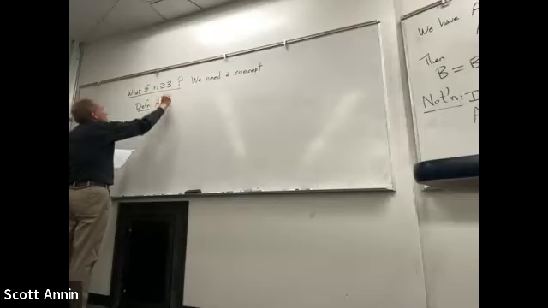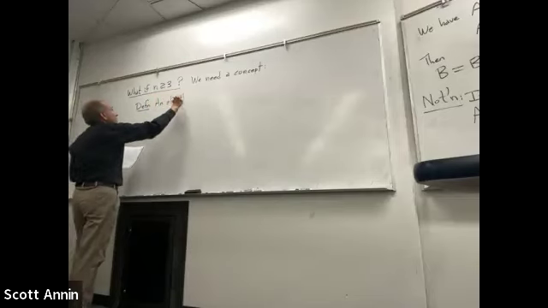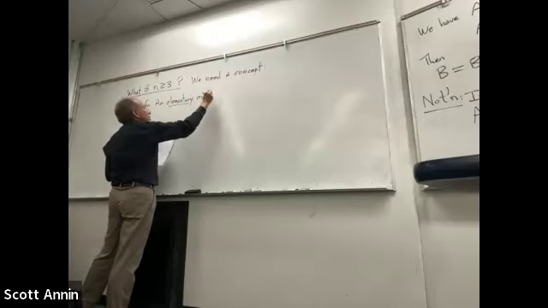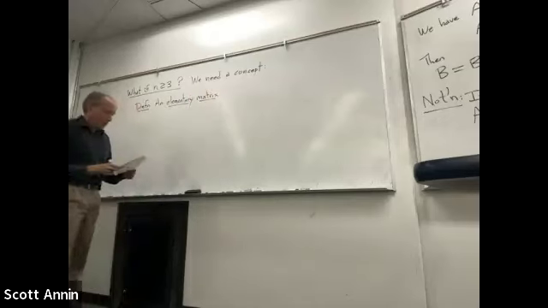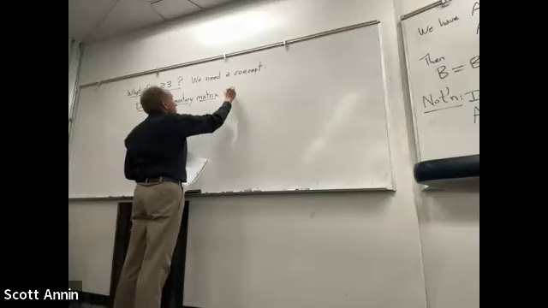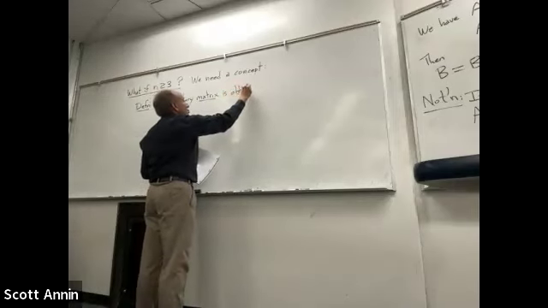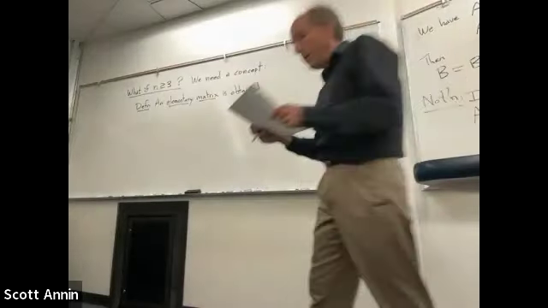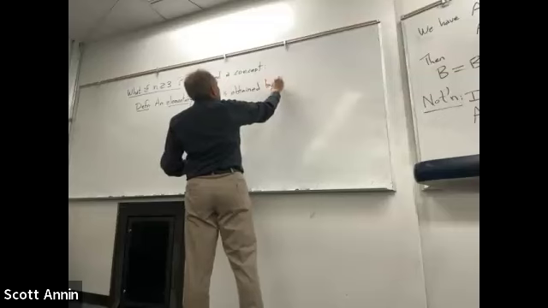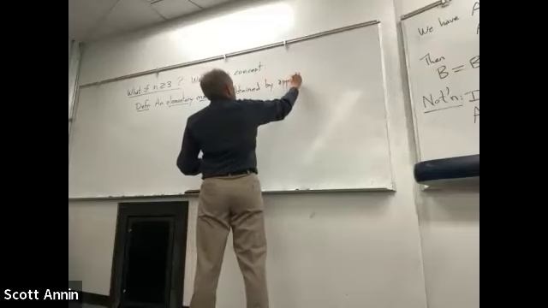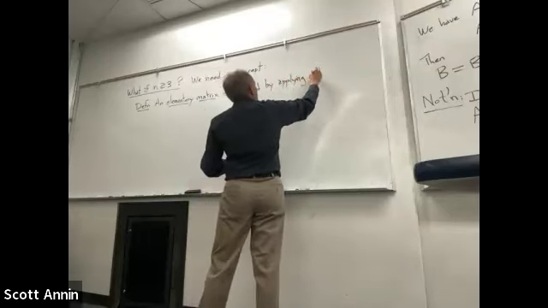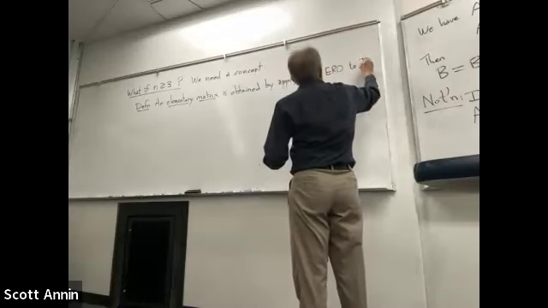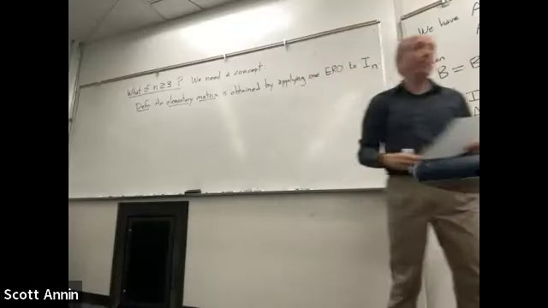Make a quick definition here, guys. It's the definition of something called an elementary matrix. So what is an elementary matrix? It is just a matrix that is obtained by applying one ERO to the identity matrix.